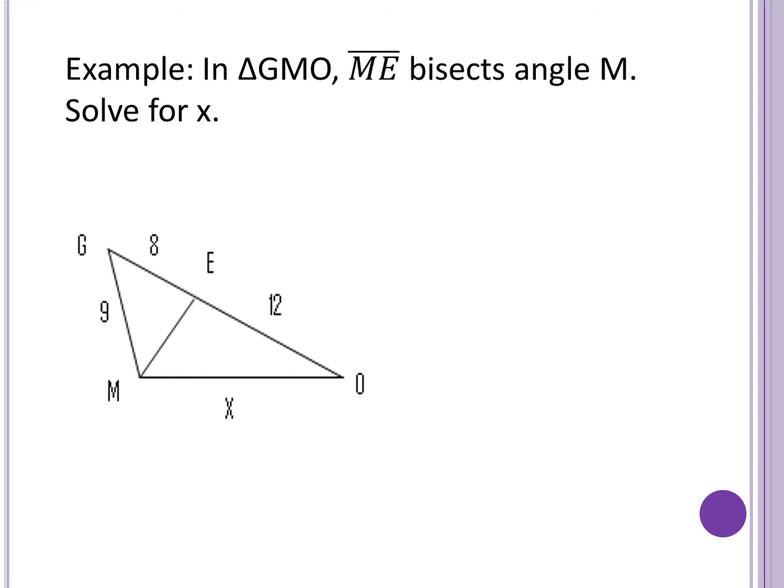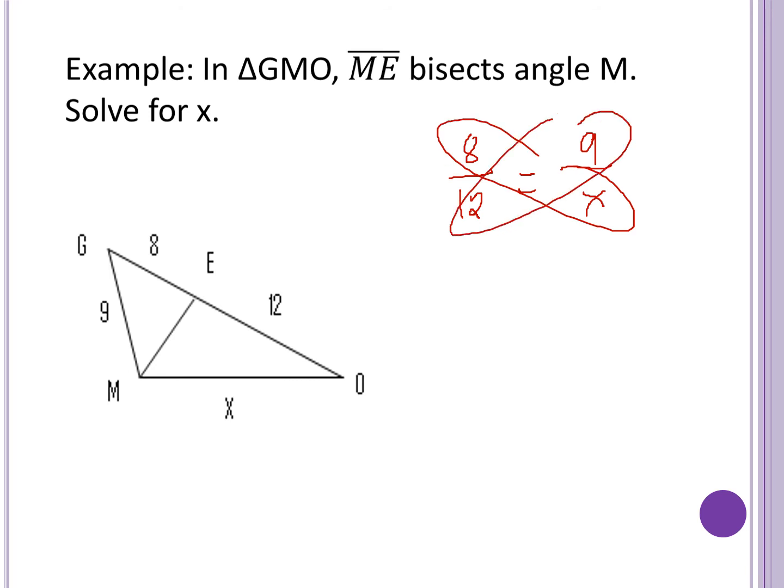Let's have another one. Example, in triangle GMO, ME bisects angle M. Solve for x. Okay. So again, we apply the triangle angle bisector theorem. We can form a proportion from the given. So we can write 8 is to 12 is equal to 9 is to x. Cross multiply. So we have 8 times x is 8x. 12 times 9 is 108.